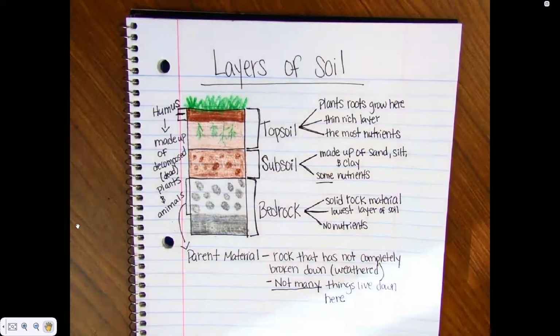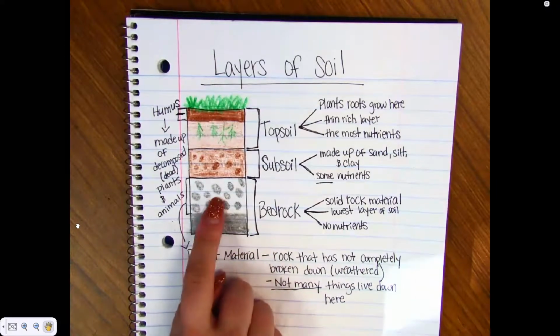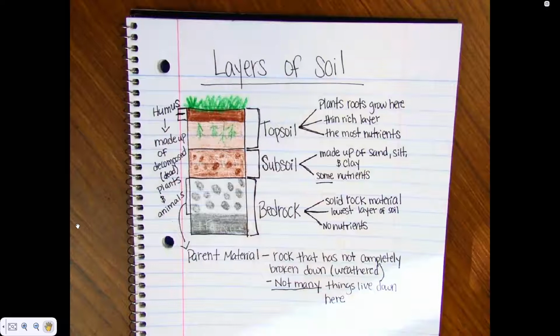Remember that means you don't necessarily have a lot of stuff living down there, but you're going to have a few insects or bugs. It's mostly going to be insects and bugs that try to live down there because there is space between these rocks. They're trying to wiggle their way in there.